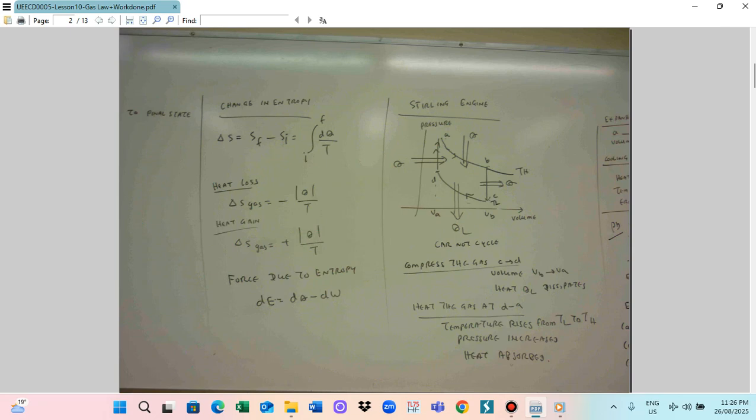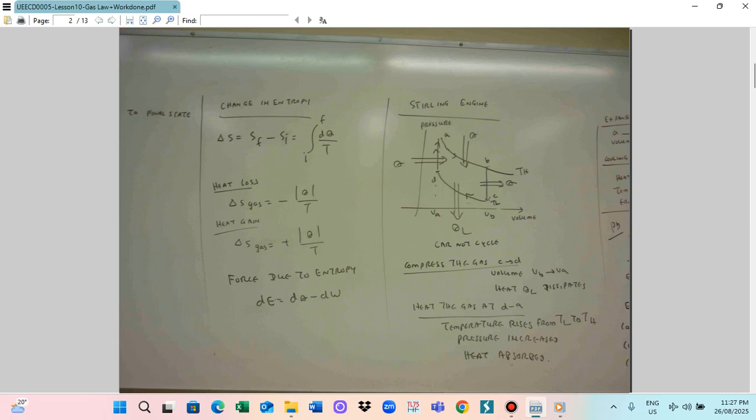This is why heat loss and heat gain are indicated by negative and positive changes. For heat loss, delta S of the gas is equal to negative Q by T, and for heat gain, delta S of the gas is positive Q by T.